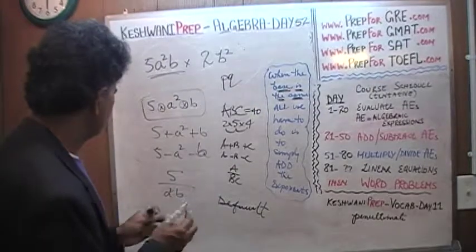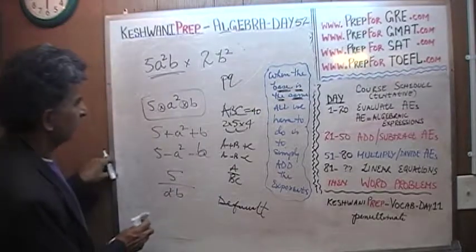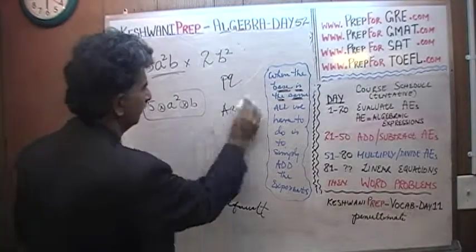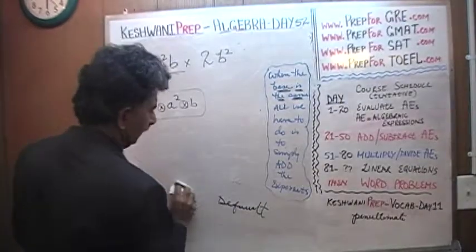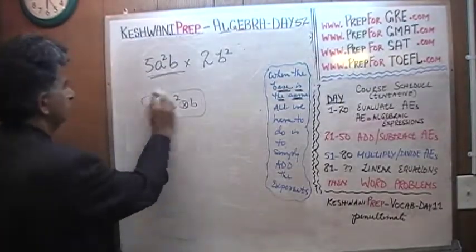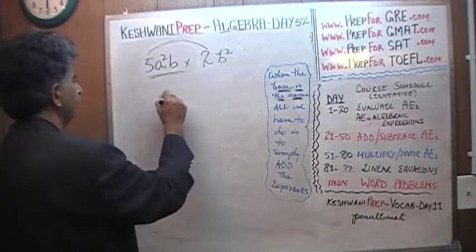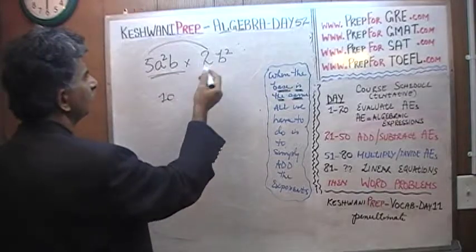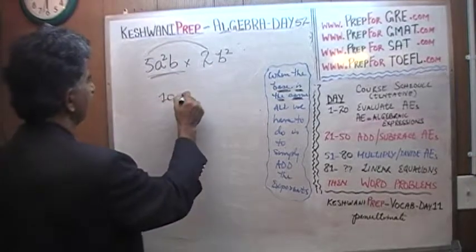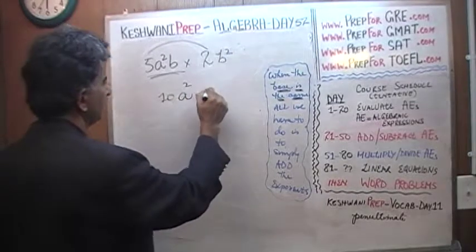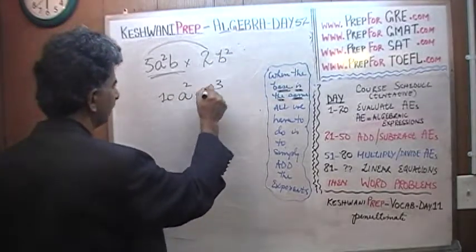Let's erase everything here. There's a lot of things floating around. So here, 5 times 2 is 10. A squared is just A squared. And then we have B times B squared, which is B cubed.